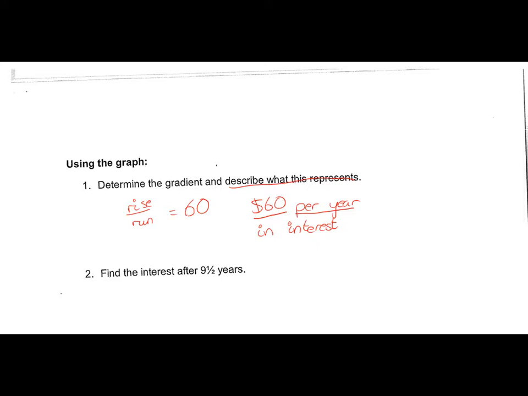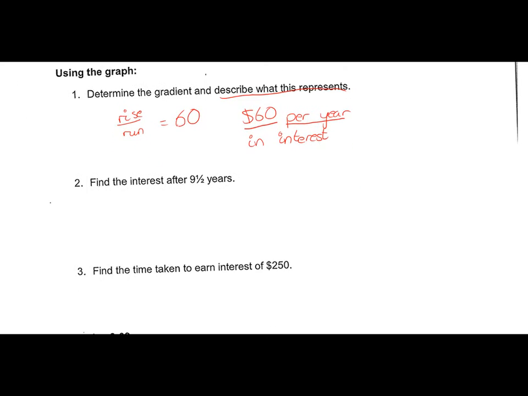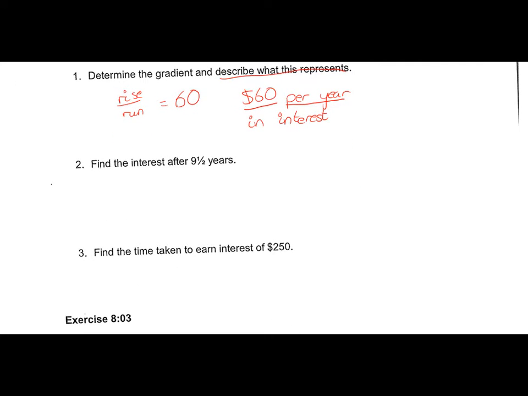Find the interest in 9.5 years is our second question. If you go back to the graph, go to 9.5 years, read up along that point, and then measure off the graph from there, you'll find that it is $570, there or thereabouts on the graph.